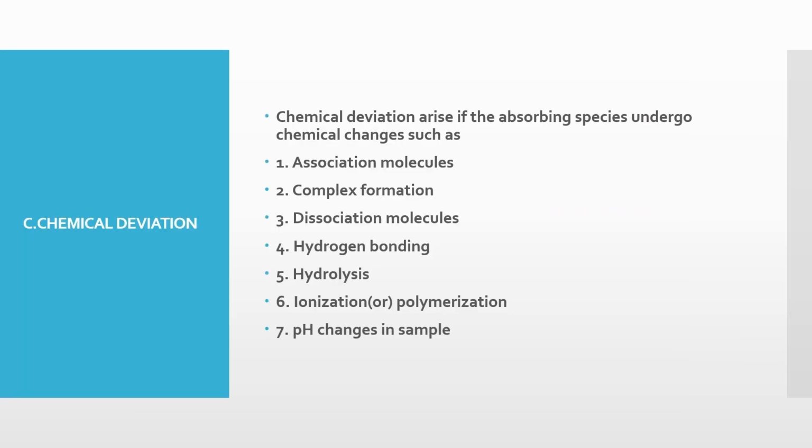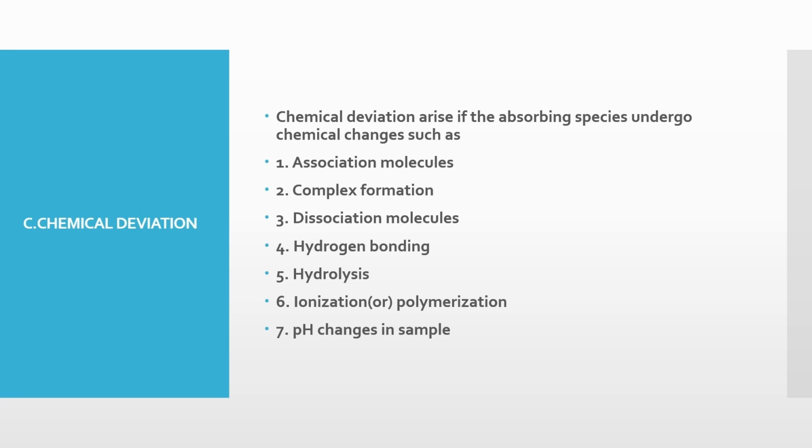C. Chemical deviation. Chemical deviation arises if the absorbing species undergo chemical changes such as: 1. Association of molecules, 2. Complex formation, 3. Dissociation of molecules, 4. Hydrogen bonding, 5. Hydrolysis, 6.